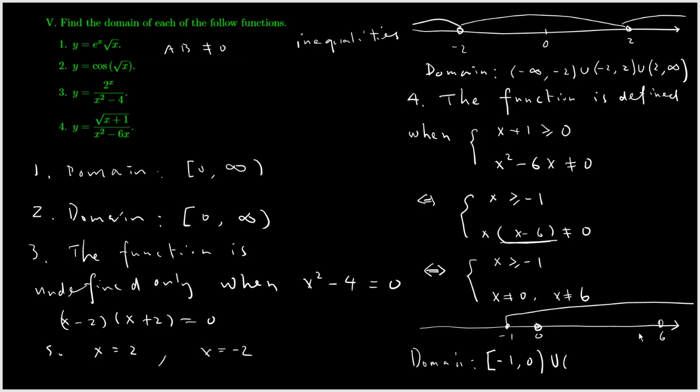The next portion is from 0 to 6. 6 is not included either, right? And then everything to the right of 6 is included in the domain, from 6 to infinity. That's how to use the interval notation to get the domain.